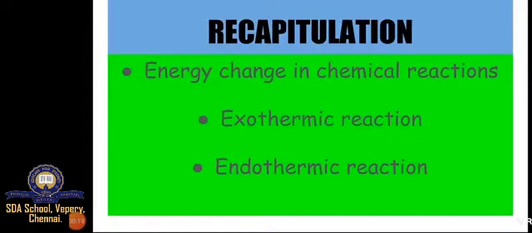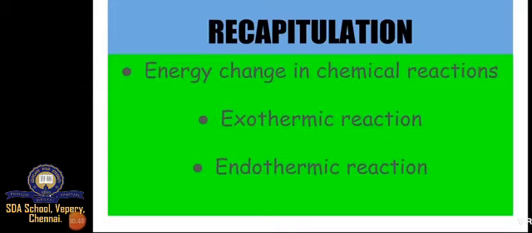A recapitulation. In our last class, we studied energy change in chemical reactions. In the energy change, we have categorized two types: exothermic reaction and endothermic reaction. In an exothermic reaction, when the chemical reaction is taking place, the energy, that is heat, comes out from the reaction.